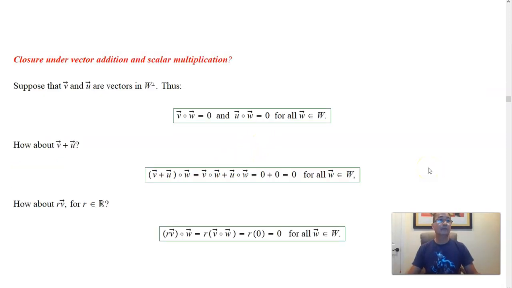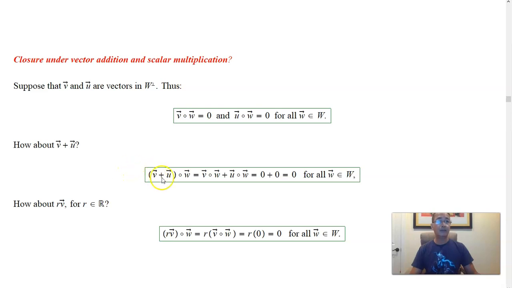Now what about closure? Let's take two vectors V and U from W perp, and because they're in W perp, their dot product with any W in our subspace capital W must be 0. So how about the vector sum V plus U? Well, we have properties for the dot product.